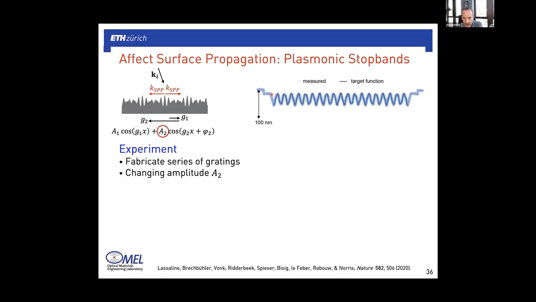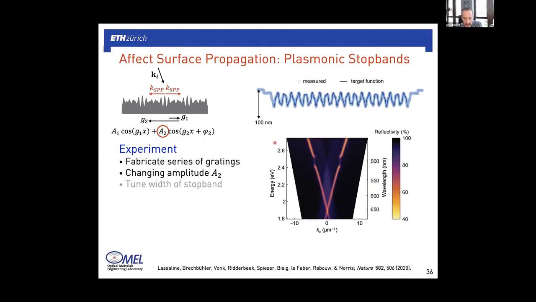And here is a GIF combining all of his experiments. Each of these frames in the GIF is a different experimental structure. And you see that both the measured and the targeted function get more complicated as this A2 component turns on. Simultaneously, if you look at the photons, their energy going in as a function of their in-plane wave vector or momentum, these red streaks are photons that are coupling to plasmons.